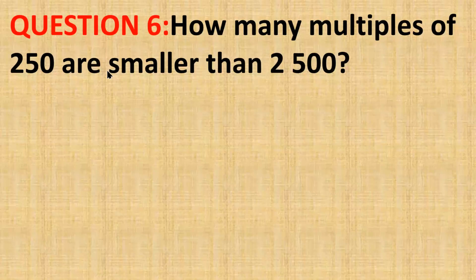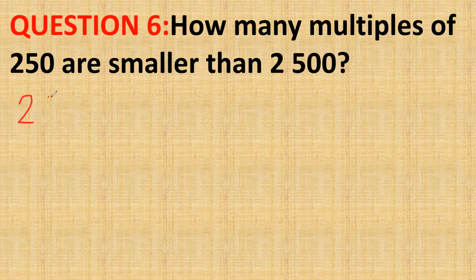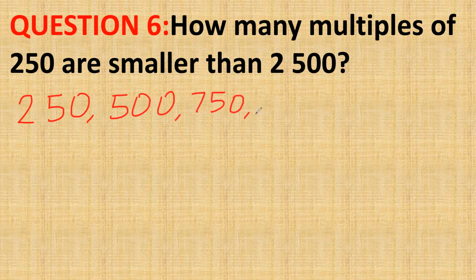Now they said, how many multiples of 250 are smaller than 2,500? So let's write it down, because when you double 250, you're going to get 500. So 250, 500. Now we are getting multiples of 250, and then 750, and what else do we have?